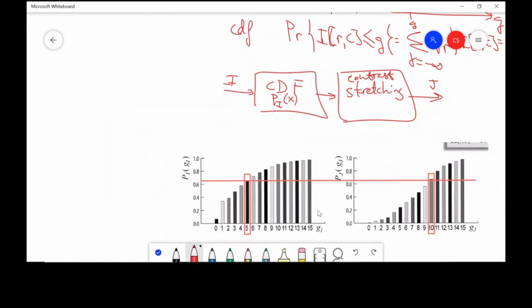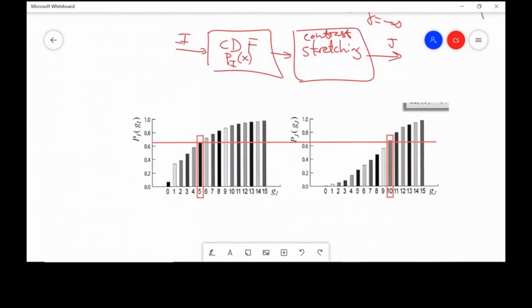So now we can take, let's use a different color, an input value Gi.